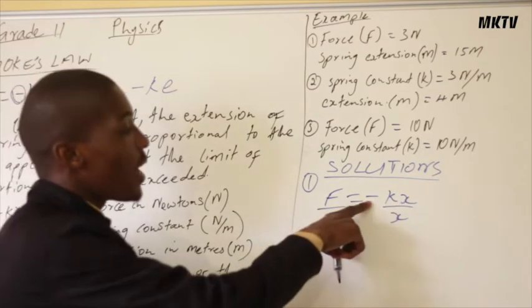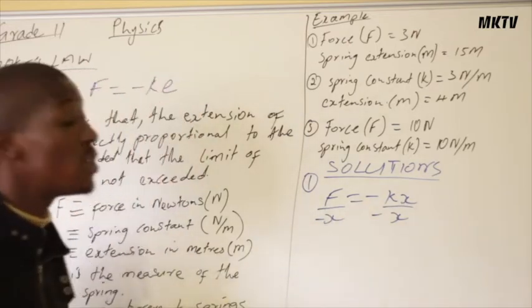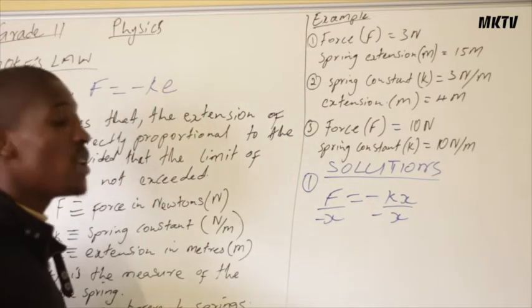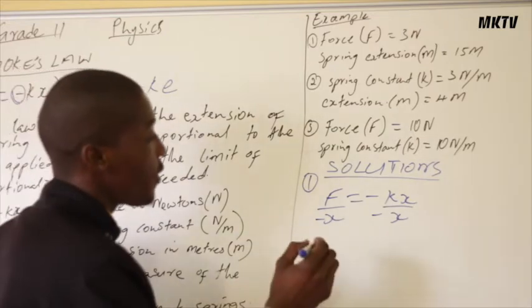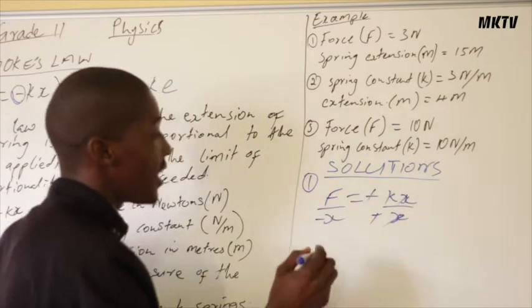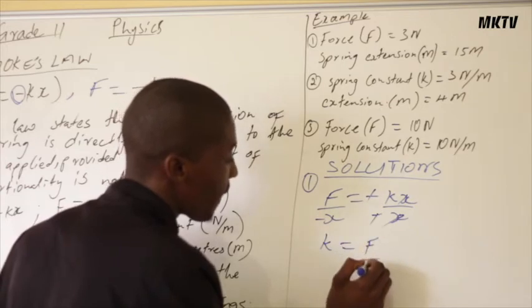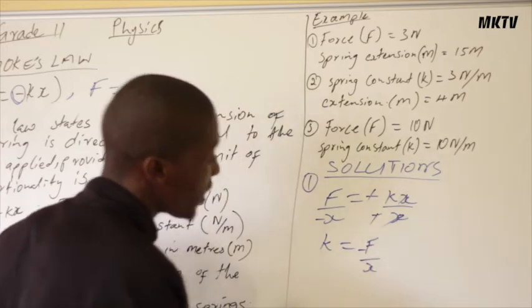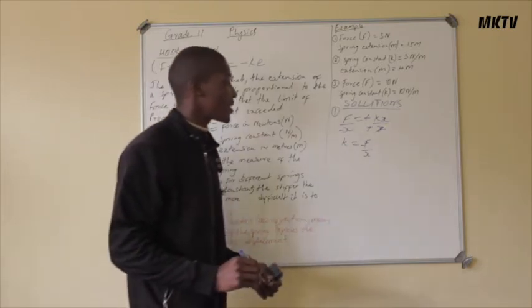And we have the negative here, so it would be wise for us to divide by negative x, so that we are left with k only. The negative x will cancel, and our equation will be k equals negative F over x.